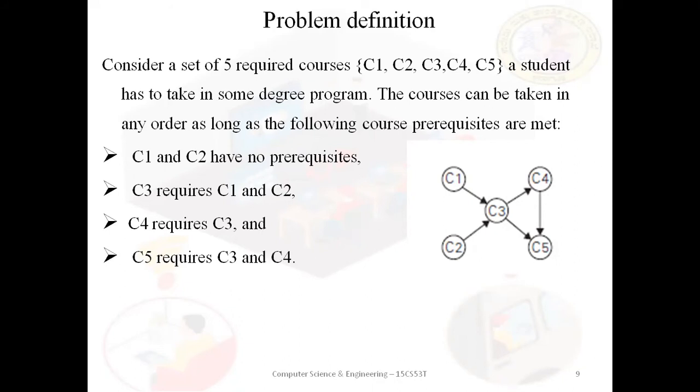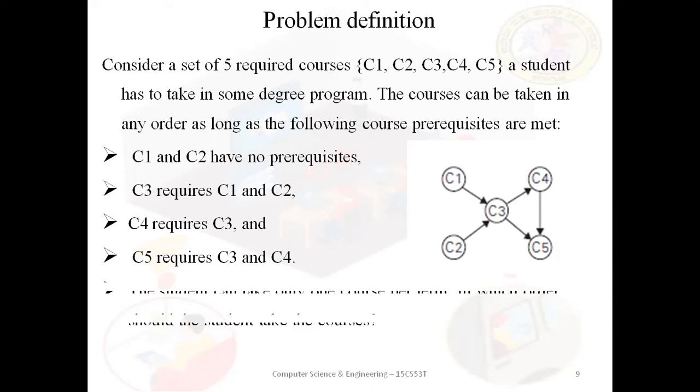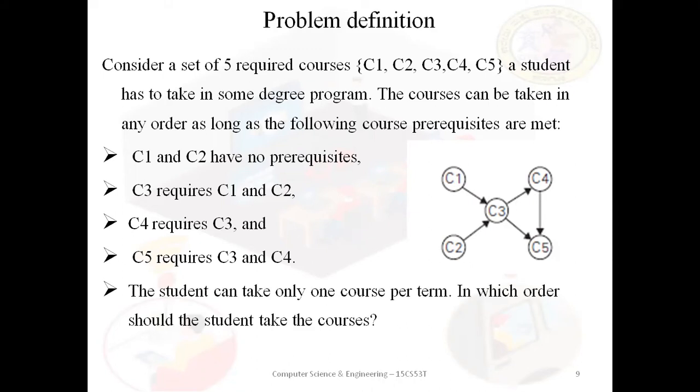This is the dependency of each course on the previous courses. So for C3 to begin, the student has to take both C1 and C2. So the student can take only one course per term. So there is a problem here in which order the student should take the courses.